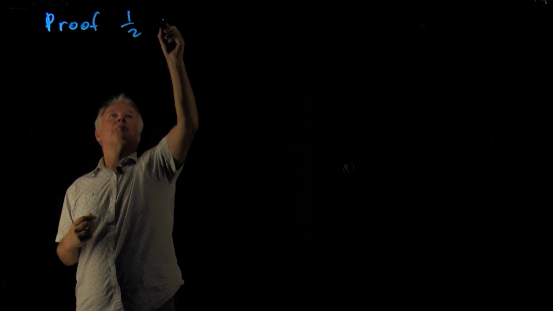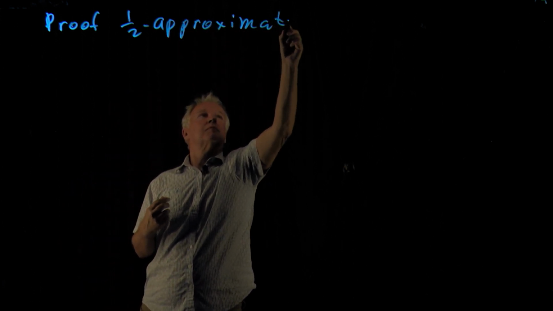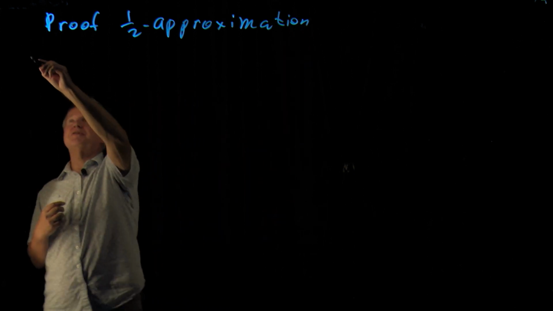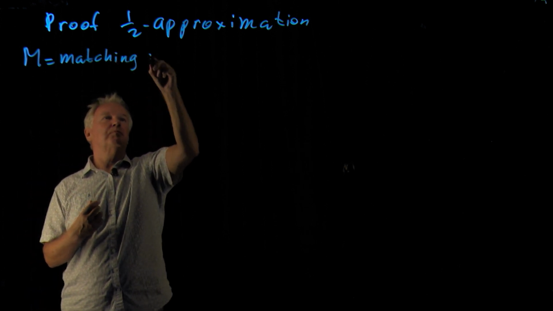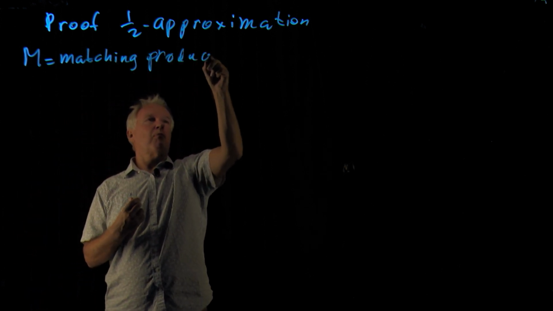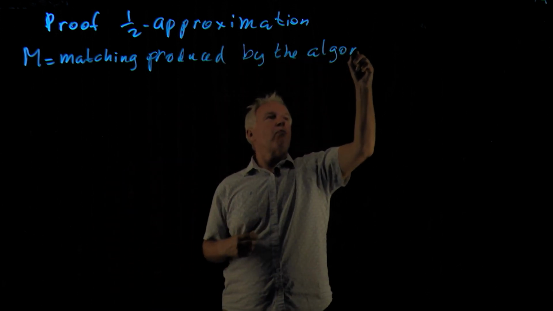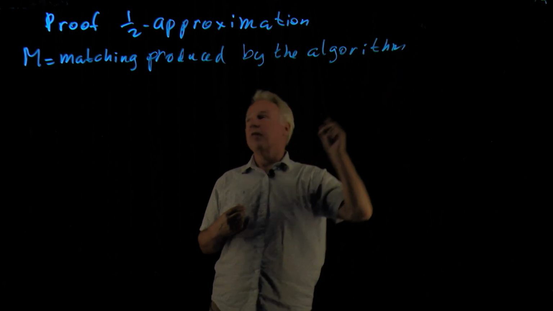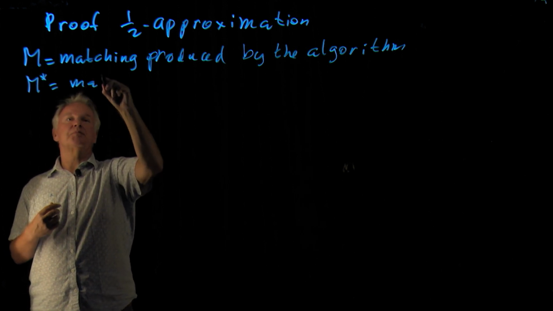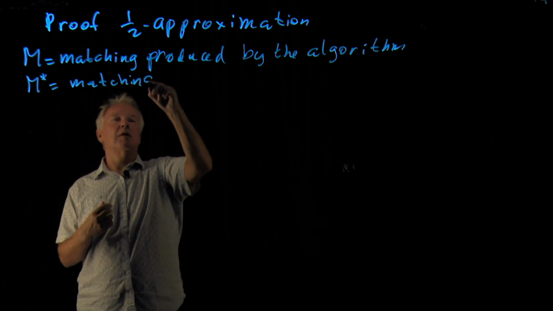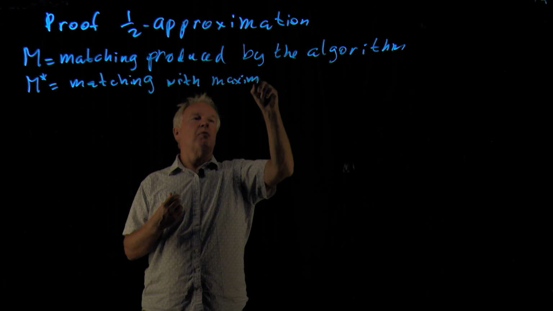Okay, let's prove the half approximation property. For this, we first define M as the matching produced by the algorithm, and M star as the matching with maximum weight.